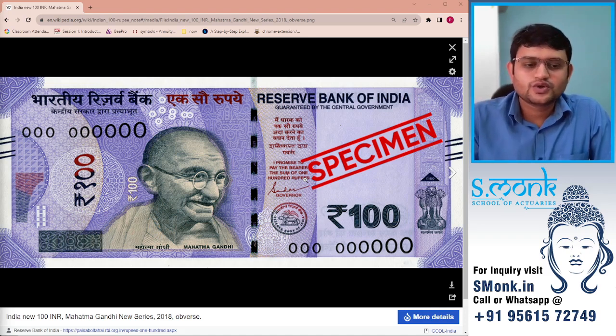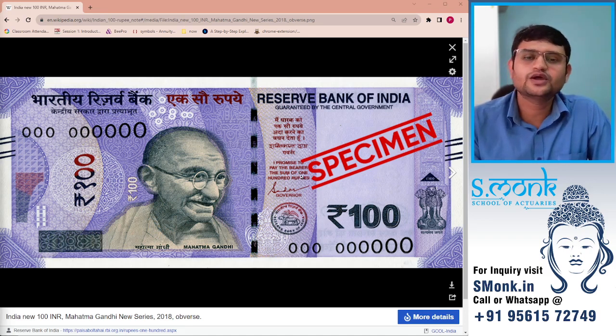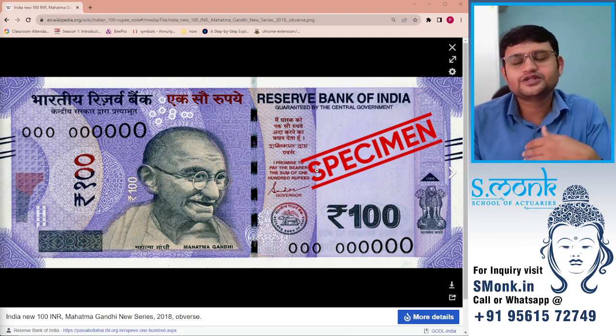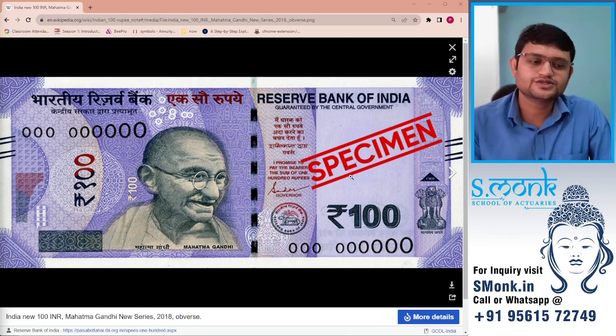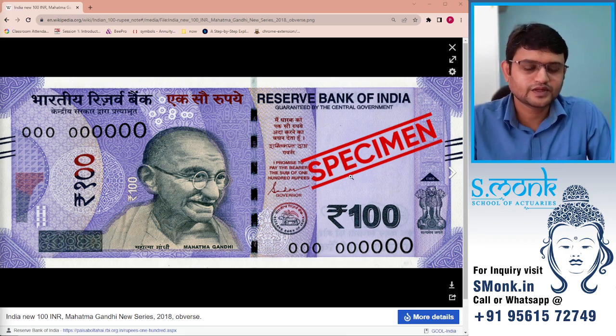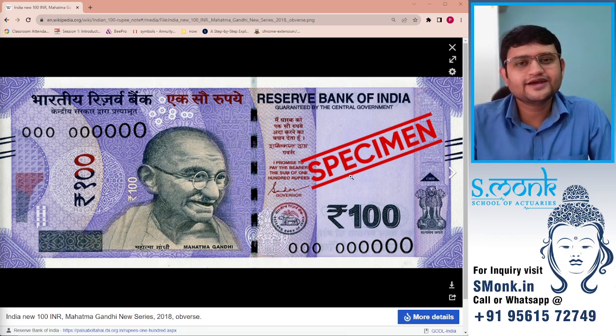I don't know exactly how they value the currency nowadays. But because we believe in the government, and the person you're buying a product from believes in the government, that is why this 100 rupees actually works. And that is why the government could do demonetization.